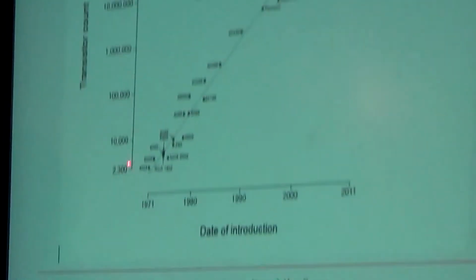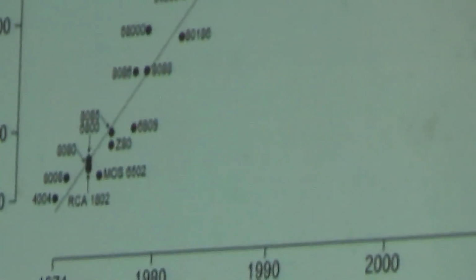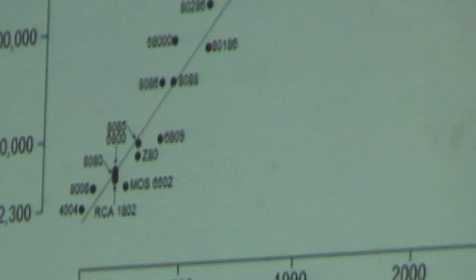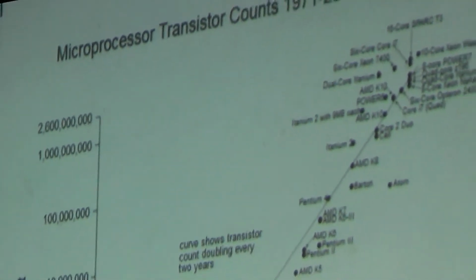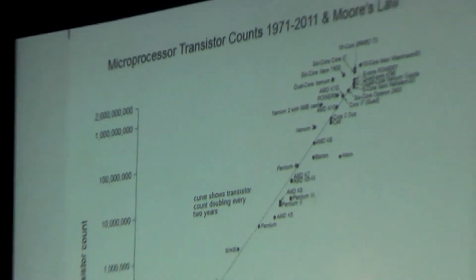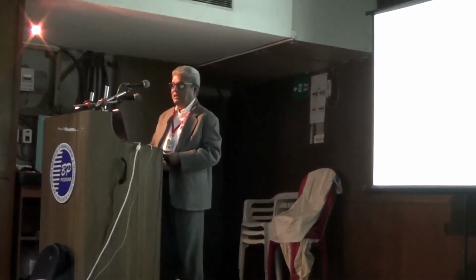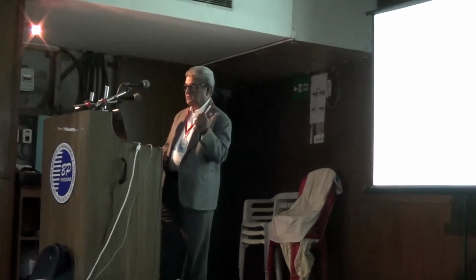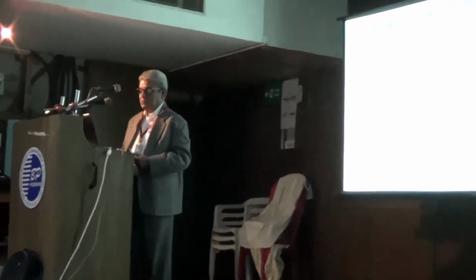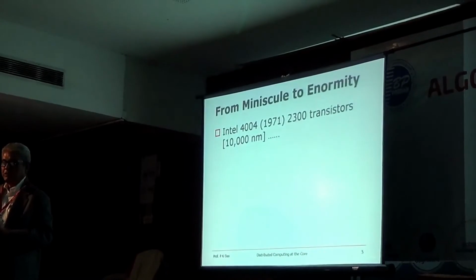Let us see this. It's too small to see, but here you can see 1971, when the 4004 was there, and it had a total of 2,300 transistors in it. You go to the other end, which is 2011, and you can see the number of transistors has gone up. This stops at 2011, but if you see the figures in 2017, you'd see that it really has gone from minuscule to enormity. This is the 2,300 transistors, and the size of the transistors was 10,000 nanometer.